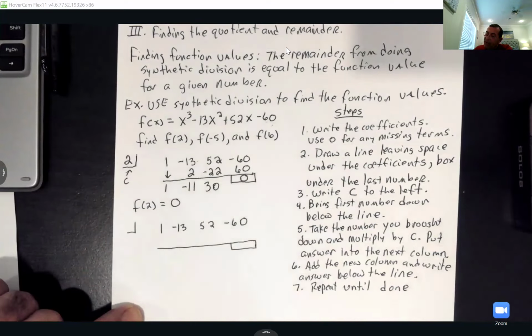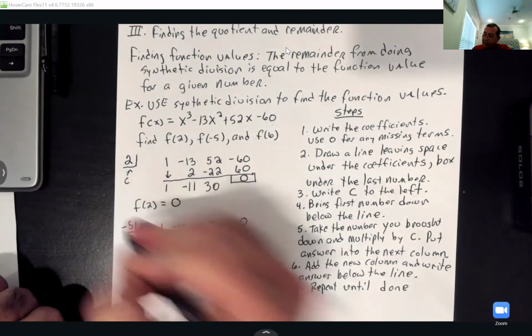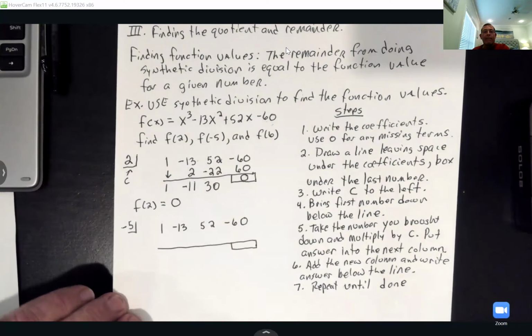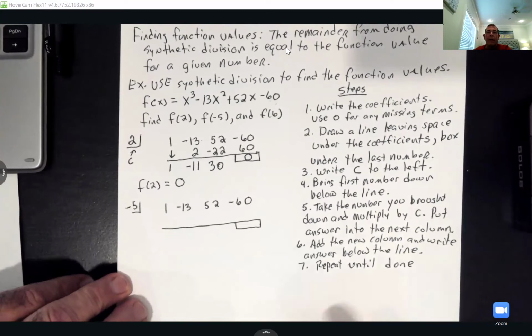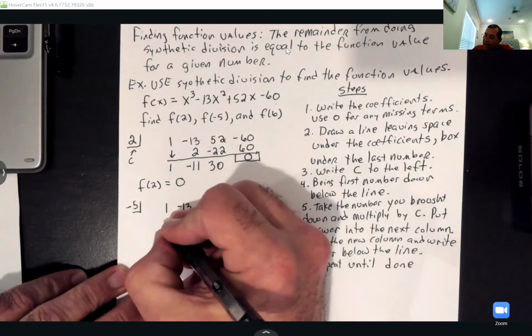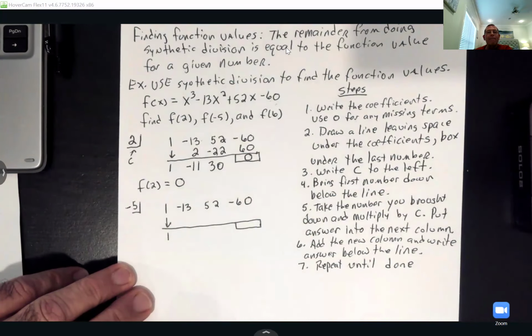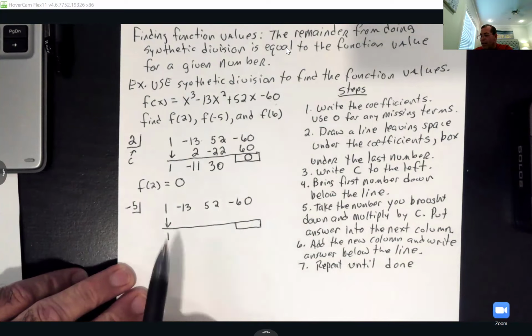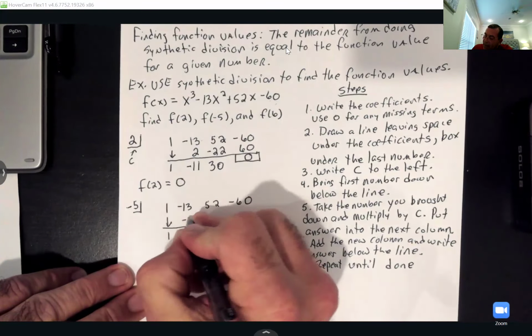This time our C, we said, was negative 5. All right, y'all, so here we go, the first number, bring it down below the line. So I brought my 1 down. Now we start our process. 1 times negative 5 is negative 5.